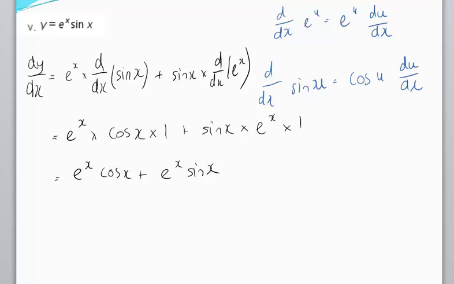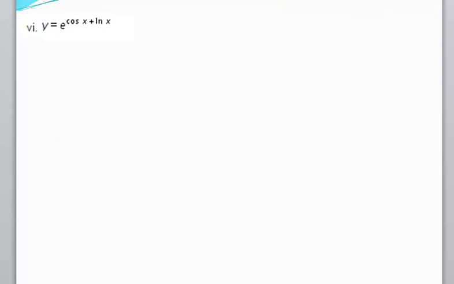And our last problem in this series, so we're going to write out a few of our rules that we'll be using here. We've got d/dx of e to the u is equal to e to the power of u du/dx. And we see, okay, we're using our cosine function here as well.